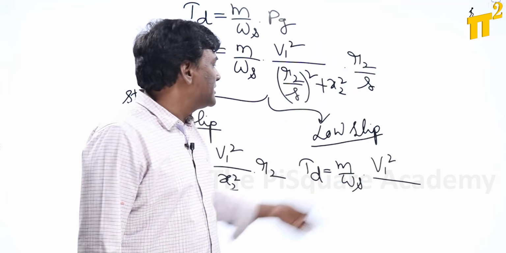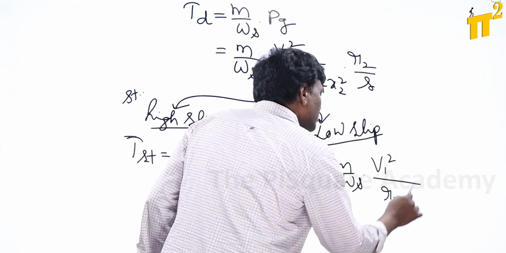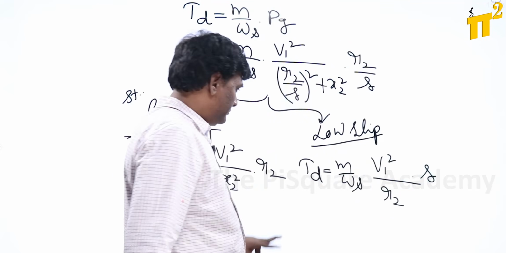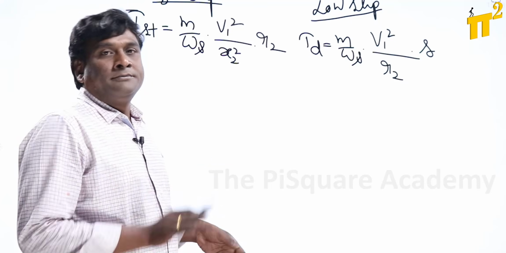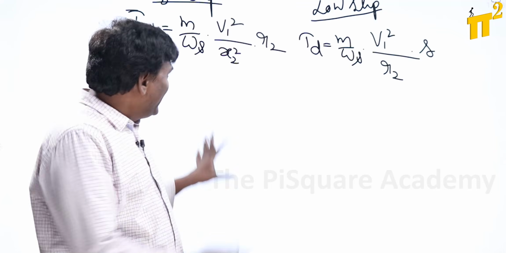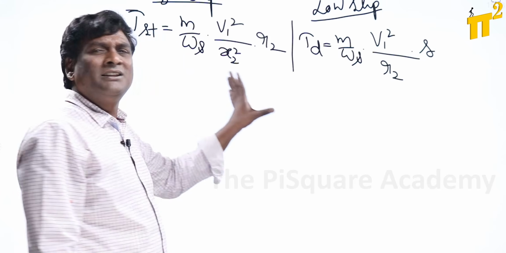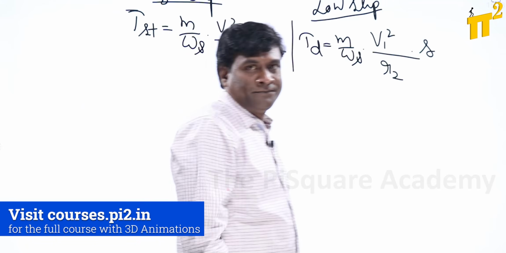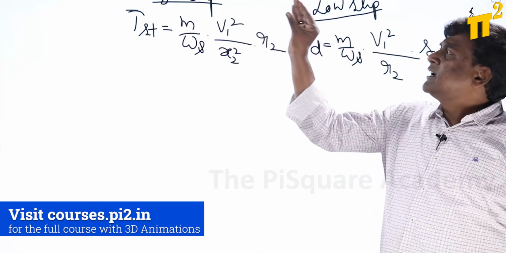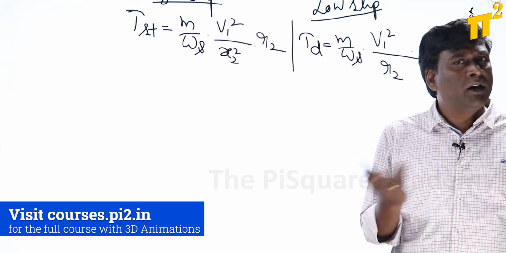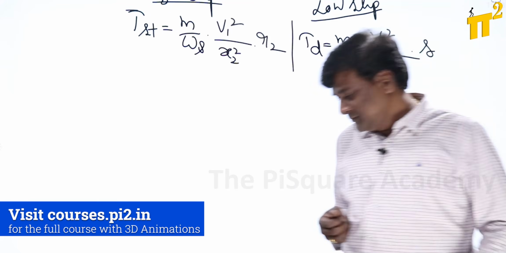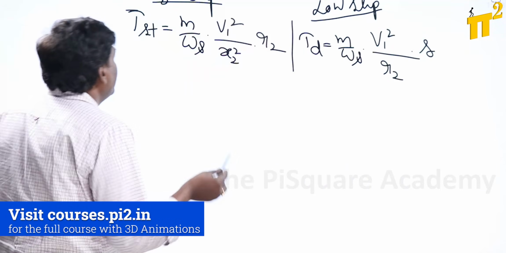R2 by S square, one R2 by S will get cancelled, so this is going to be R2 into S. Done. Only these two equations; don't remember these equations also, which is not required. A small circuit X2, R2 by S, V1 or E2 has to be remembered, nothing more.